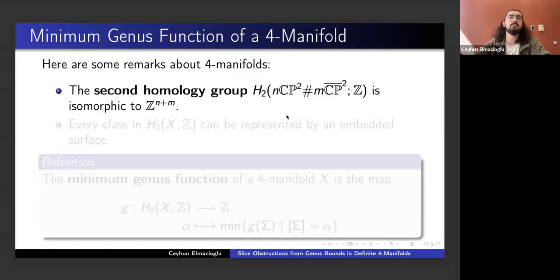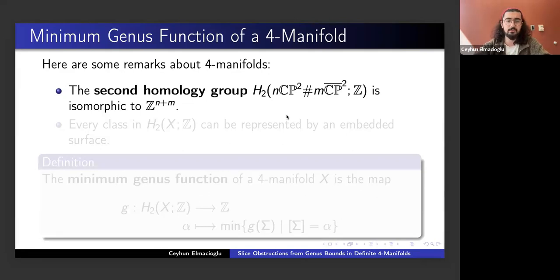If you don't know what the second homology is in general, then you can think of the second homology group of a four manifold as the set of surfaces embedded in your four manifold, and there's an equivalence relation for these surfaces, and the equivalence relation is deformation. So if one surface can be deformed into the other, they represent the same homology class in the homology group. And for n copies of CP2 connect sum m copies of CP2 bar, the second homology group is isomorphic to Z to the n plus m.